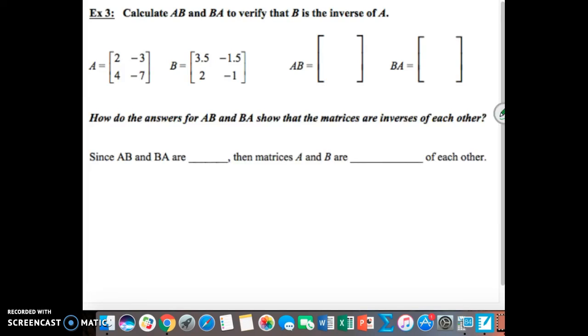Example 3 asks us to calculate AB and BA to verify that B is the inverse of A. Notice on the front page that I said that AB and BA are not always equal to each other because matrix multiplication is not commutative.